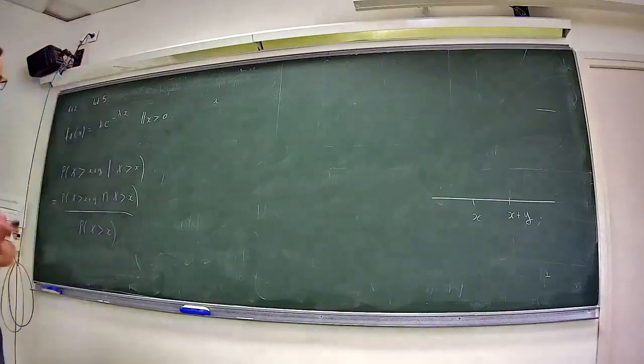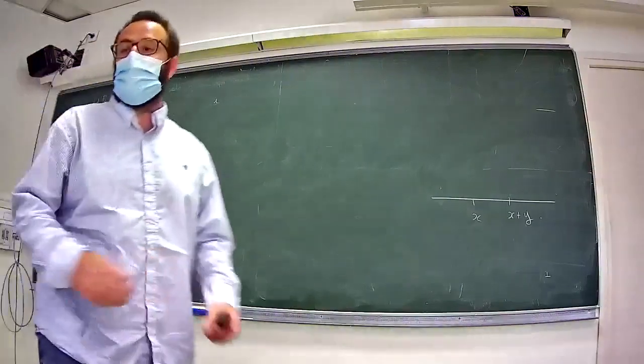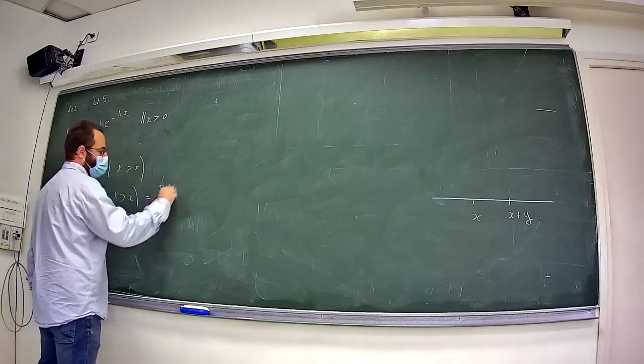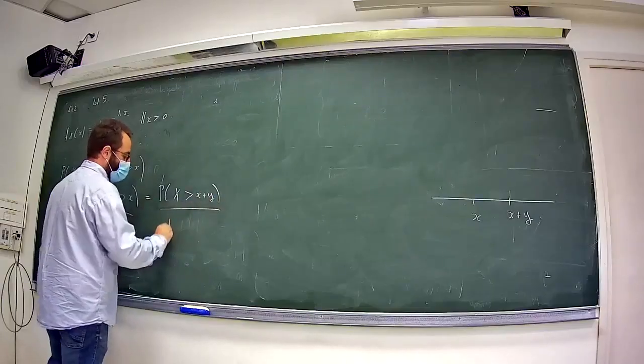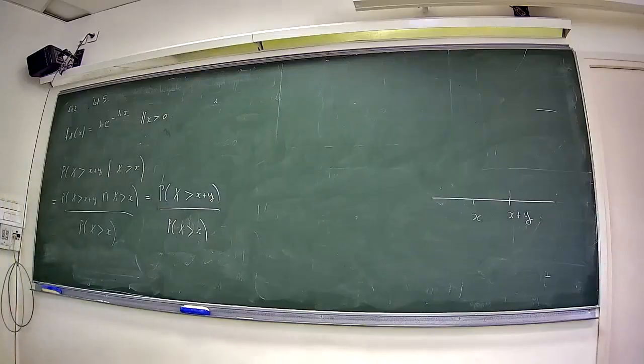So if I am greater than X plus Y, I am greater than X. This one is included in this one. So if I take the intersection, it's the smallest in the sense of inclusion. So if I am greater than X plus Y and greater than X, it just means that I am greater than X plus Y.